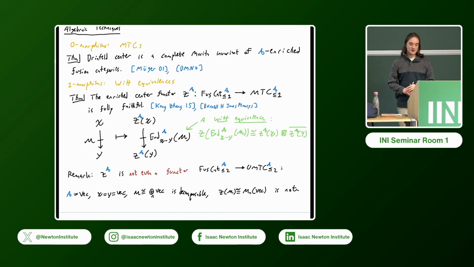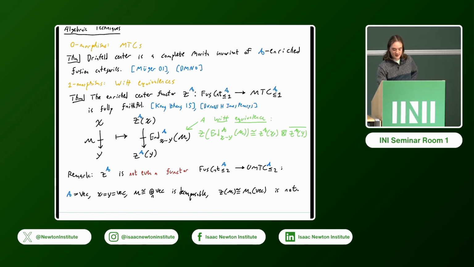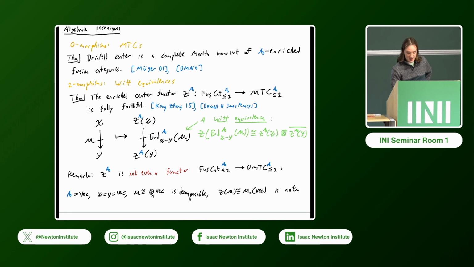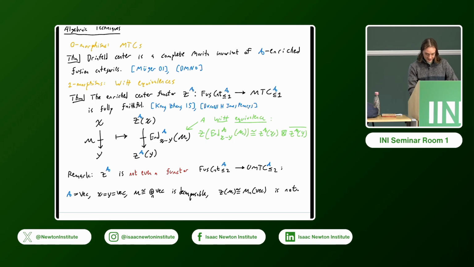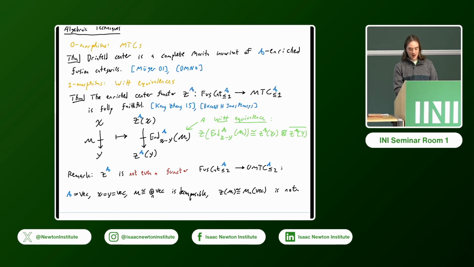And the simple example of this is that if I just make my enriching thing A and my fusion categories X and Y Vec, and I make my bimodule category the n-fold direct sum of Vec, so just a linear category with n simple objects, no higher tensor product structure or anything, well, the center of M, which means the Vec-Vec bimodule endofunctors of the n-fold direct sum of Vec, is the n by n matrices over Vec.